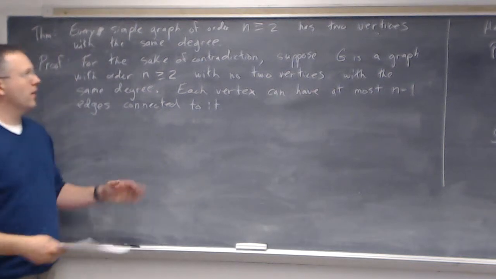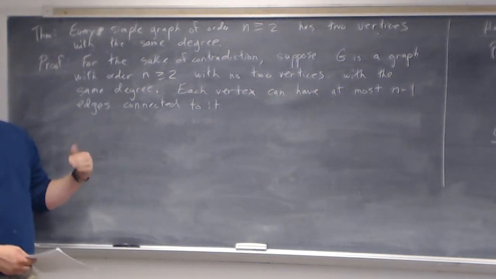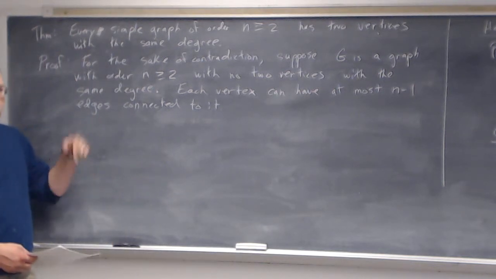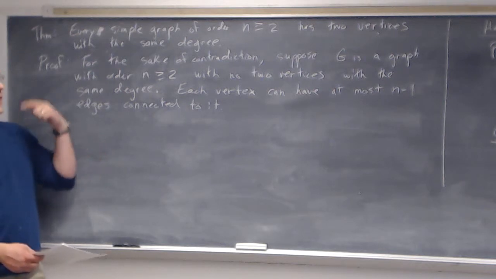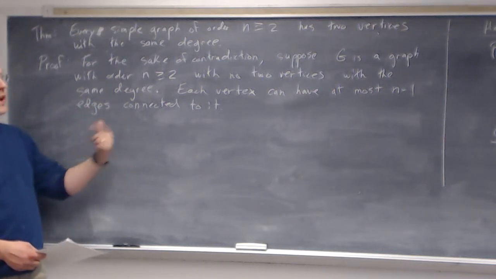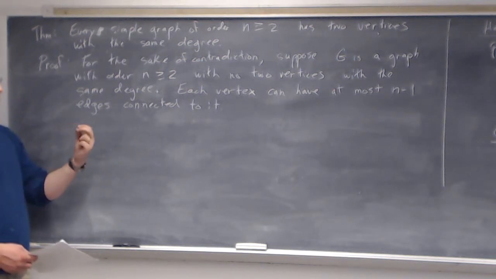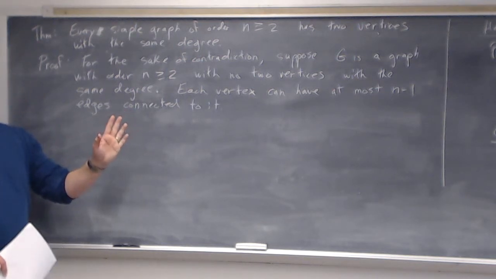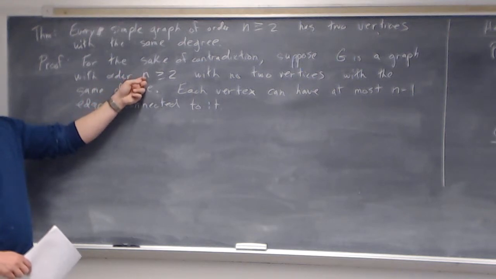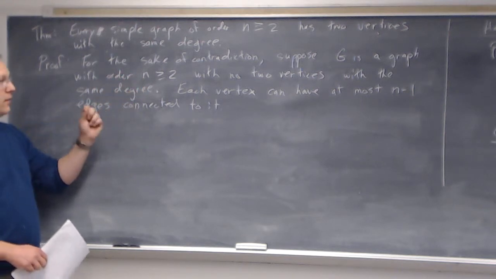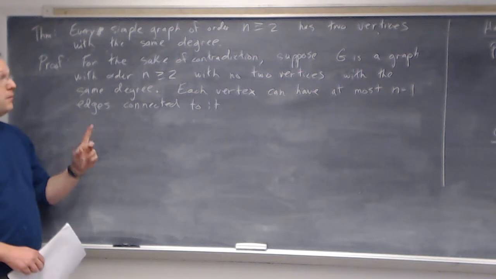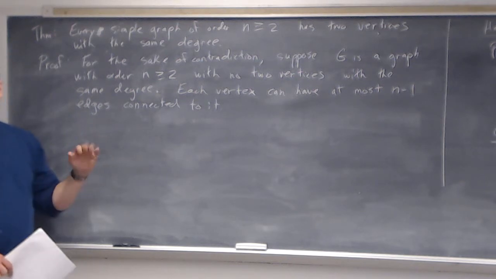Okay, so I'm assuming, again, it's a simple graph. You can't have loops connecting vertices to themselves, and you can't have more than one edge connecting two vertices. So at most, a vertex can have n minus 1 edges. Right? If there's n vertices, any one vertex can have at most n minus 1 edges. Is that clear?